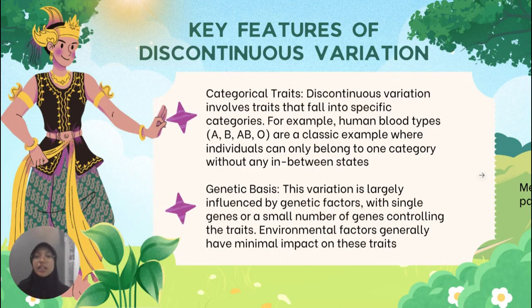The second is genetic basis. So this variation is largely influenced by genetic factors, with single genes or a small number of genes controlling the trait. Environmental factors generally have minimal impact on these traits. So discontinuous variation has a genetic basis, guys.